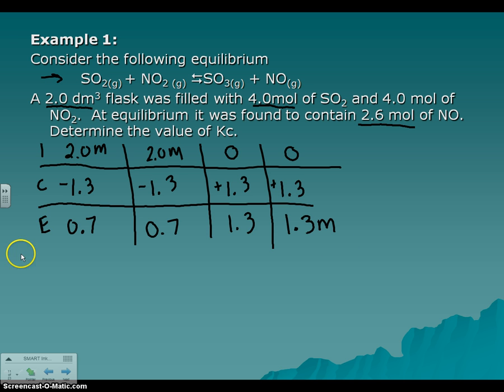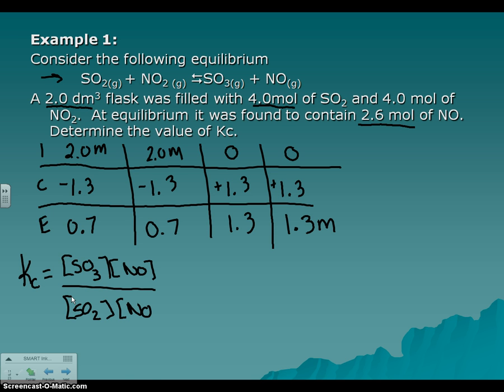Now I need to set up my Kc expression, and I'm going to plug these numbers into it. So to review, the Kc expression, Keq from last year, is products over reactants. So we're going to have a concentration of products divided by my concentration of reactants, raised to whatever power, or whatever coefficient, is in front of each one of the species.